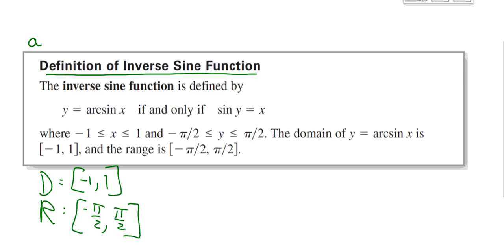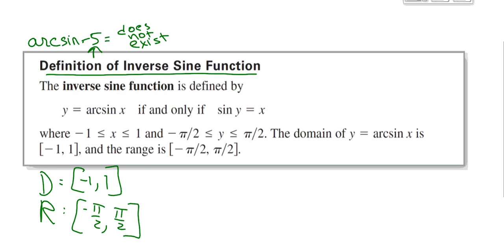I'll maybe even write something like, the arc sine of negative 5 does not exist. Does not exist, because this number has to be between negative 1 and positive 1. If it's some decimal, you're good to go. But if it's not, then you have to be careful of that.